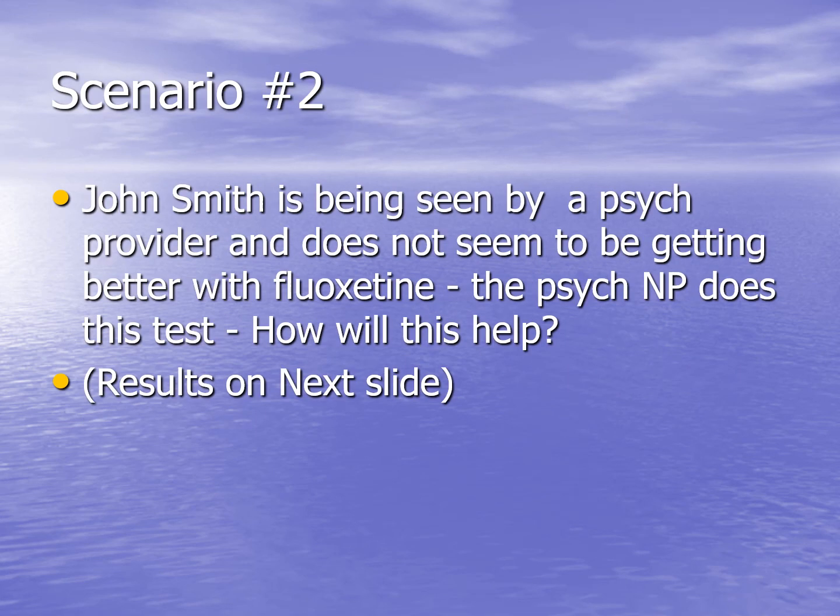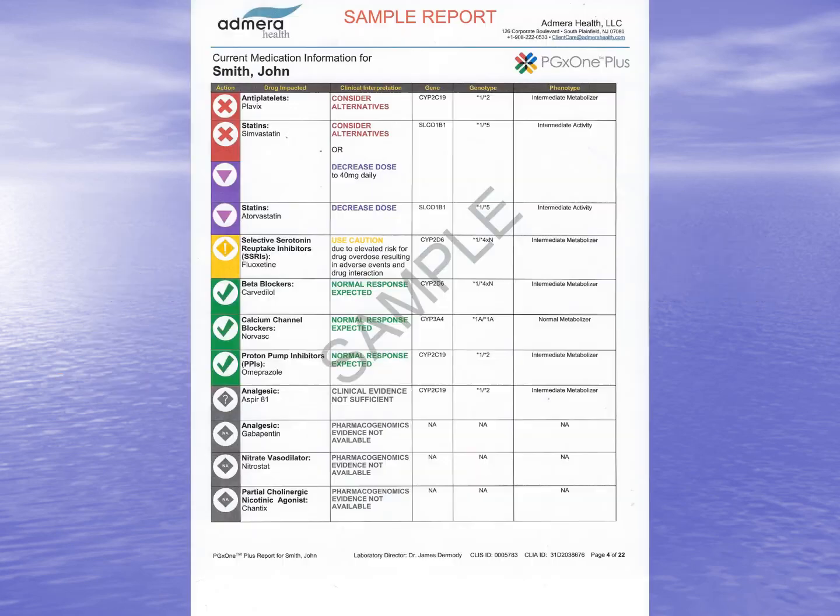And John Smith is seen by a psych provider, does not seem to be getting better with the fluoxetine, brand name Prozac. The psych NP does this next test that's on the next slide. And you can see that they're testing for a number of different medications and testing some specific genes. For fluoxetine, that's an SSRI.